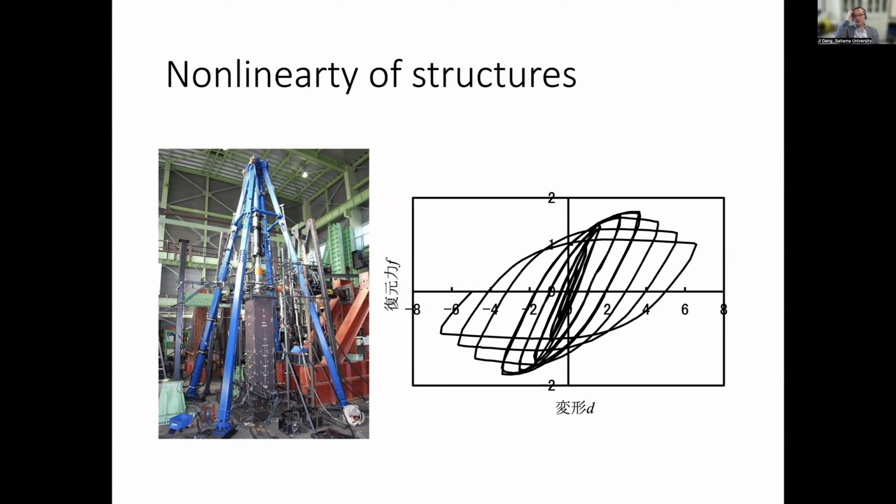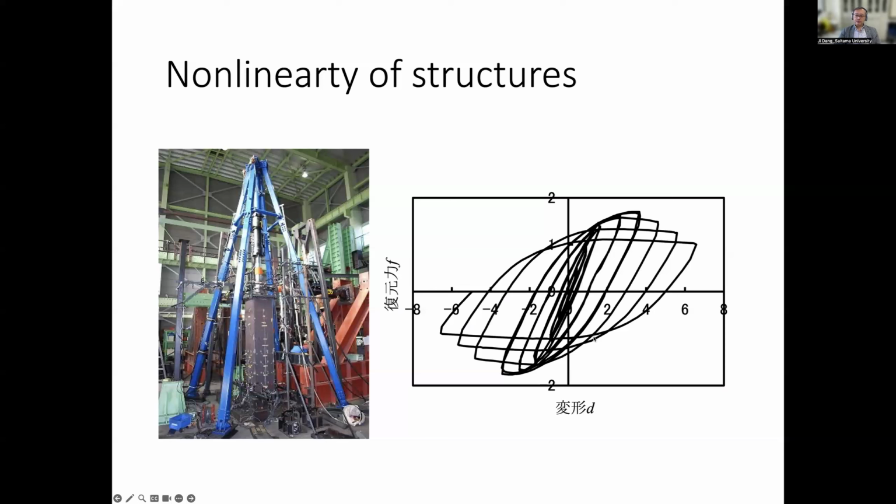Cyclic loading means that you have one time a yielding displacement, you go in the positive direction loading, and then go to the negative direction loading, and then come back, and do this a few cycles. Then I use 2 times the yielding displacement and loading, until the structure is damaged. You do it like sine wave loading, cyclically loading the structure.